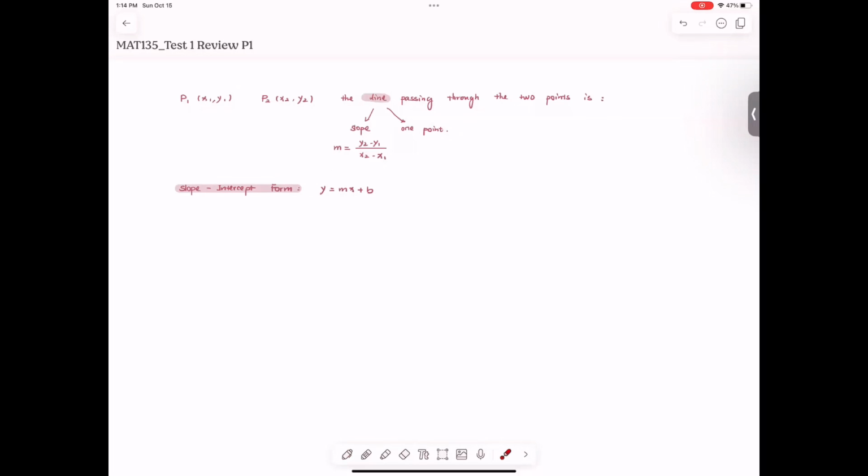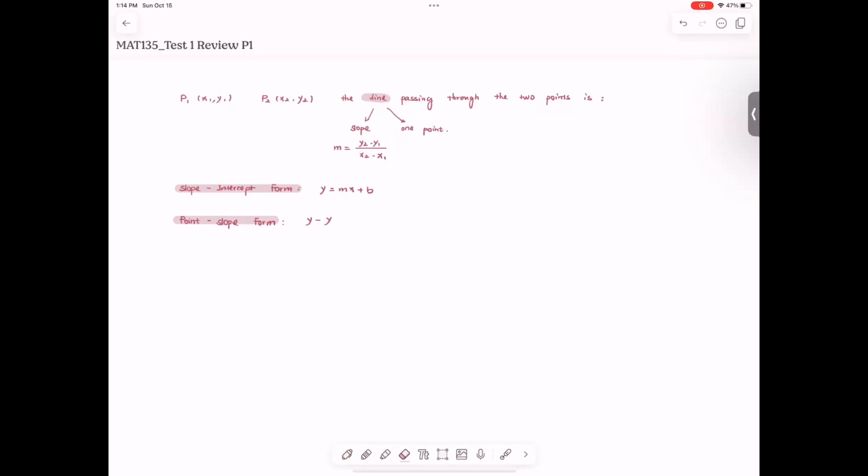That's one way. Do you know the other form of the equation of a line? Nice. The other form is point-slope form. In this form, you can get the equation directly if you know the slope and 1 point, which is y - y1 = m(x - x1). You can use y0 or y1, it doesn't matter, it's a point.